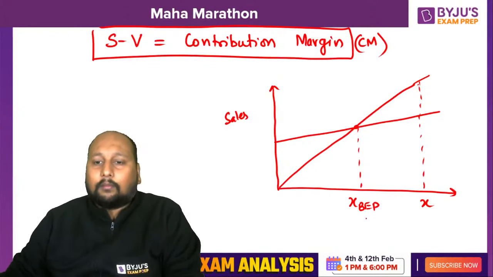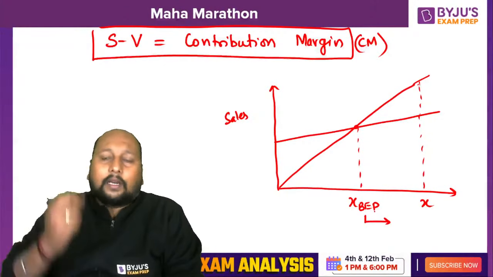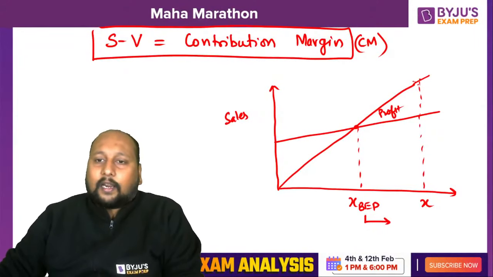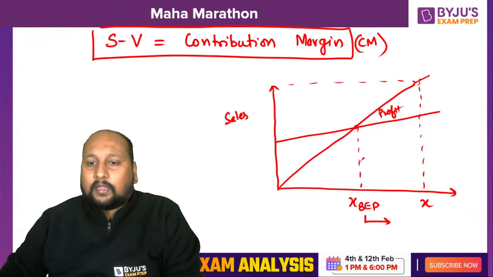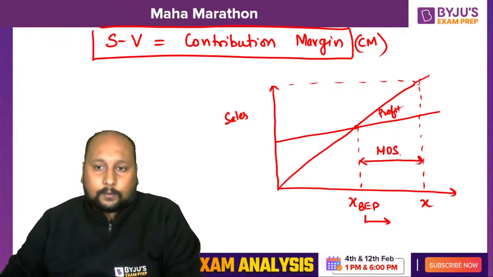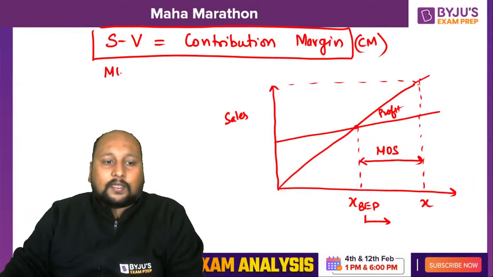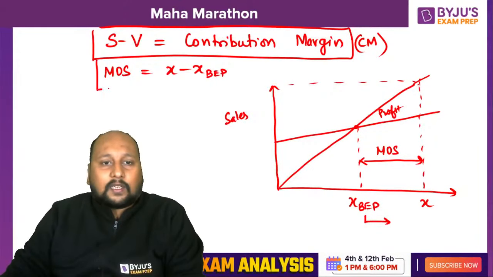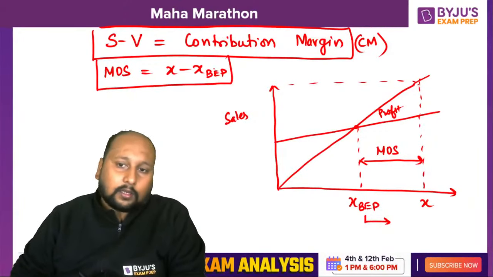Definitely I'm going much higher than the break even point, so that means I'm talking about the profit condition, right? If I take the difference between these two, we call it the margin of safety in terms of units. So margin of safety is equal to X minus X at break even point. This is the factor of safety that we are using.